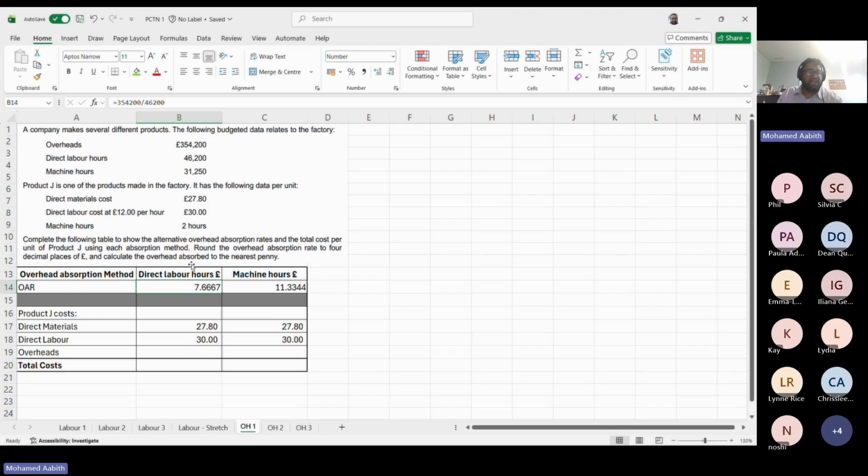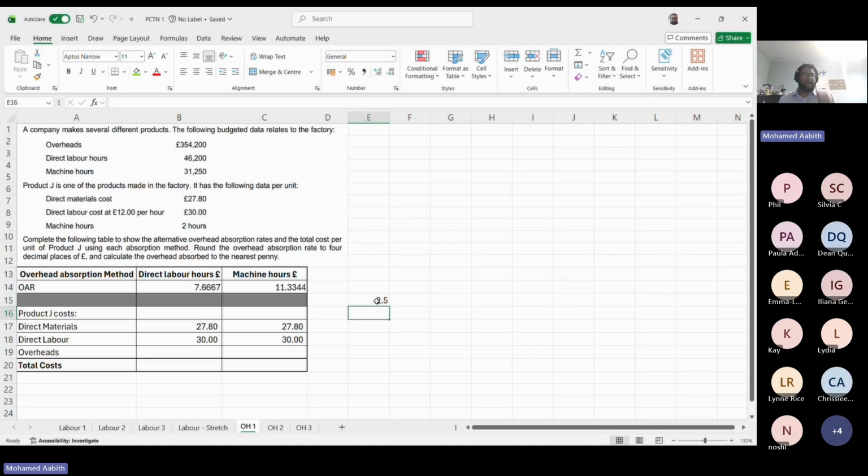So in that case, if I look at it here, it's £30 we're paying labor, but they only pay £12 per hour. So how many hours of labor did they use there? It is easier if you find out 30 divided by 12, it's going to be 2 hours and 30 minutes. So per hour, I can absorb £7.6667.